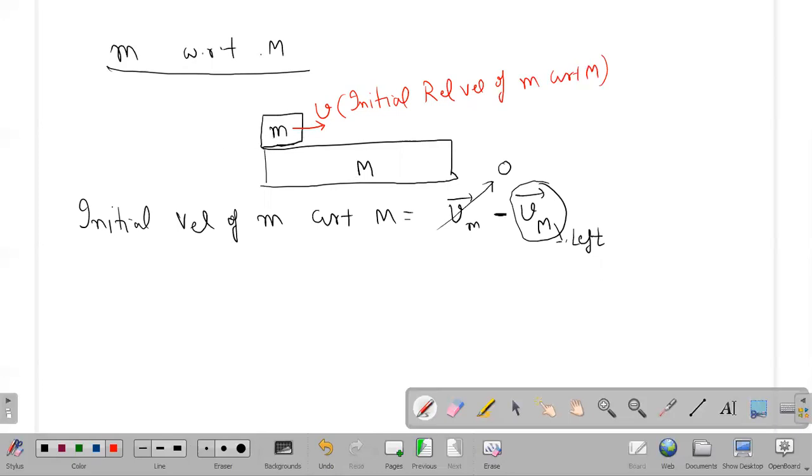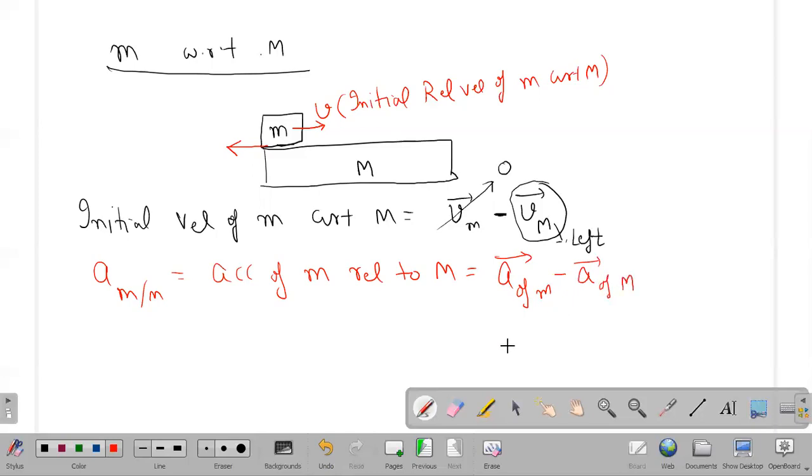Also, the acceleration of small m will be considered now relative to the capital M. So acceleration of small m with respect to capital M is the acceleration of small m in vector form minus the acceleration of capital M. Acceleration of small m was mu into g to the left side, whereas acceleration of capital M was mu small m g divided by capital M to the right side.